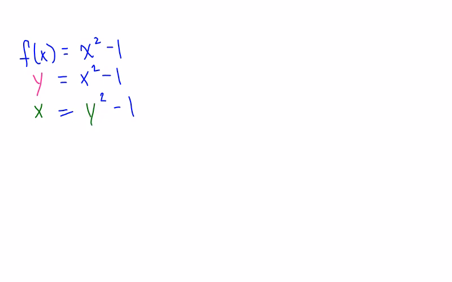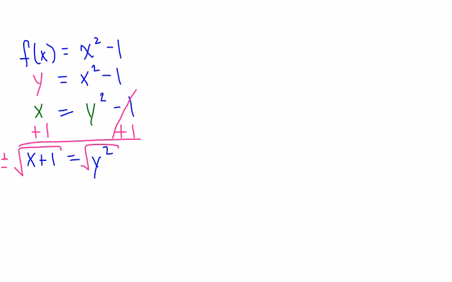So we're going to add 1 to both sides. Okay, and so we get x plus 1 on the left, and then we get y squared on the right. And now we're going to take the square root of both sides, right? And here's where it dissolves a little bit. When we take the square root of both sides, when we're solving algebraically, we need to have a plus or a minus.